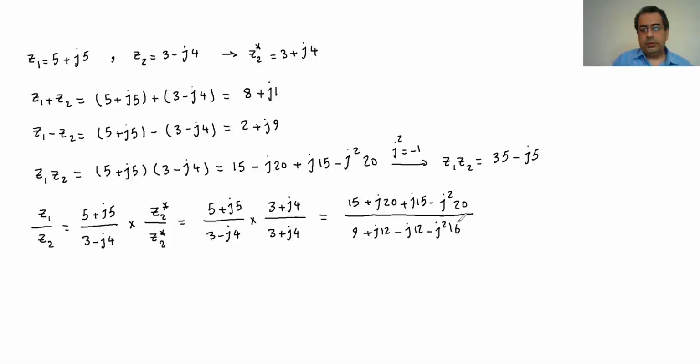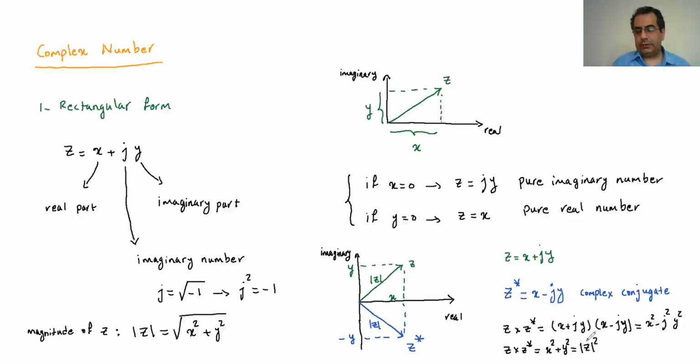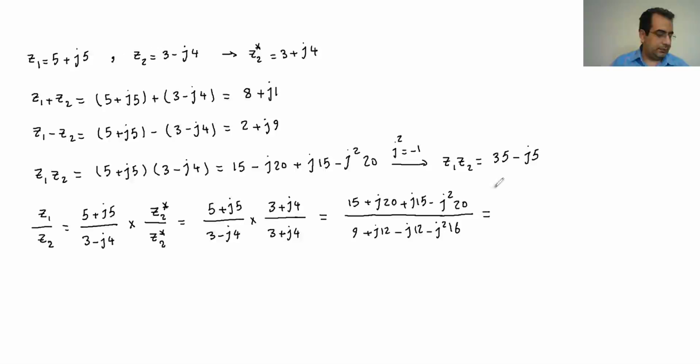Instead of doing that, you can say that this one times this one is just a magnitude square, or simply just replace it with that. Or you can do the calculation. Eventually, if you do the simplification, adding all the real values together and all the imaginary values together, you're going to get negative 5 plus j35.